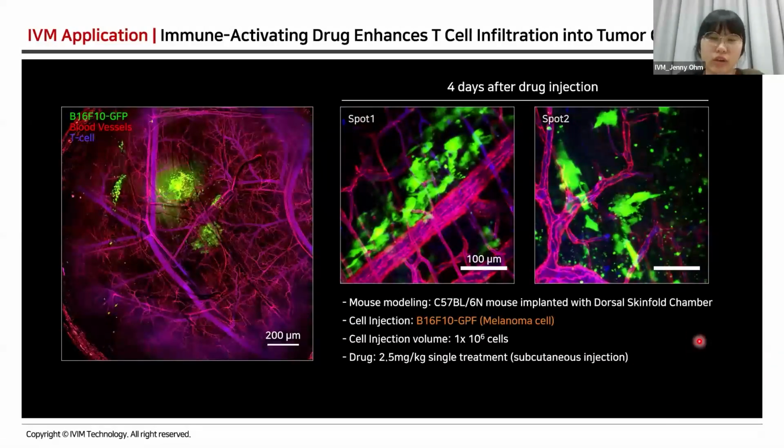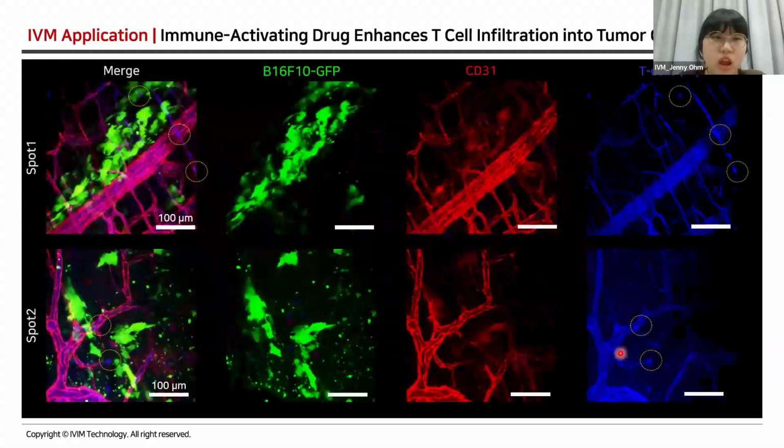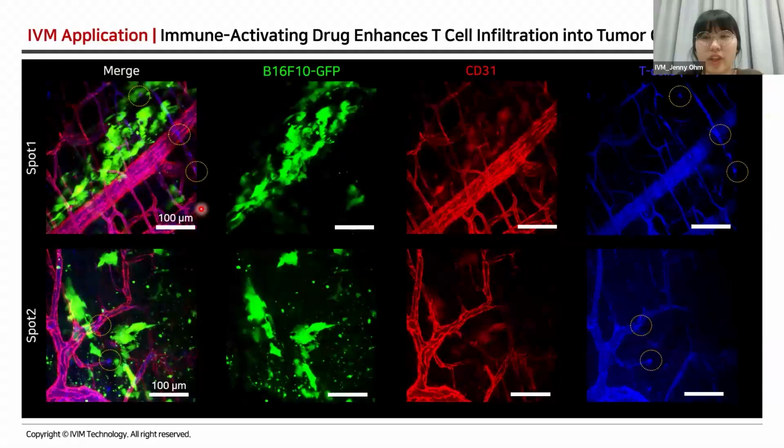Here, if we look at the results after injection of the drug, we can see that at both spot 1 and spot 2 regions, where the cancer cells are clustered, we could also observe that the T cells were localized within the vasculature located near and around the cancer cells. Upon closer examination, as shown on the left, we were able to confirm that T cells were actively migrating towards the tumor cells.